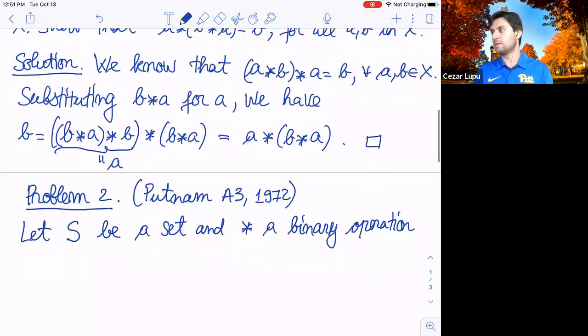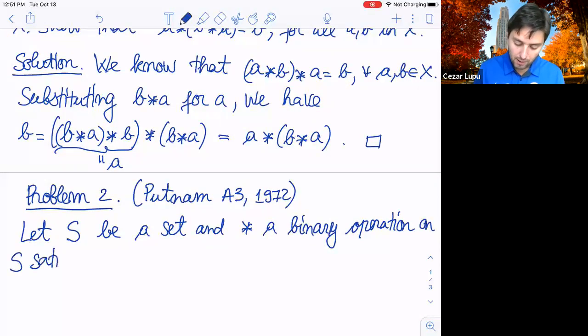So this is a binary operation on S satisfying the following laws.